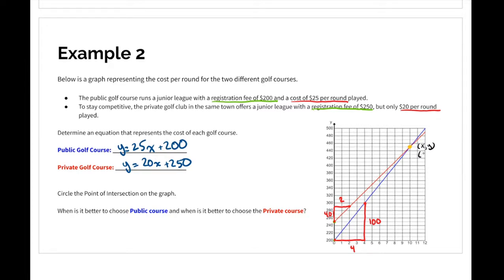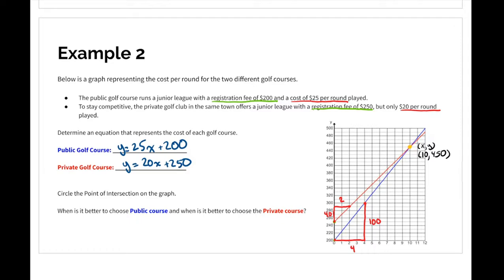If you remember back to the battleship activity that we did, in this case, the x value is 10, and the y value is 450. So that's important because that gives us the criteria, or that crossover point.